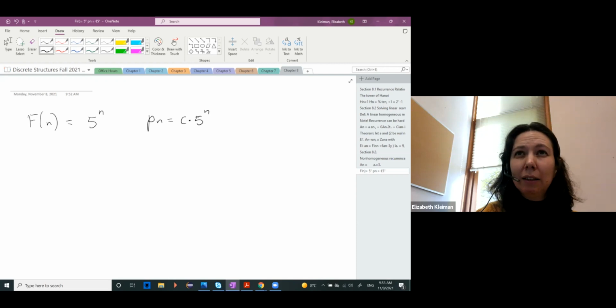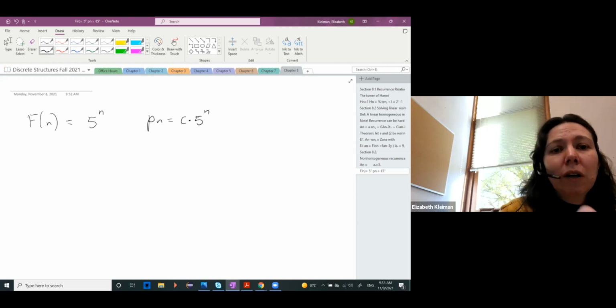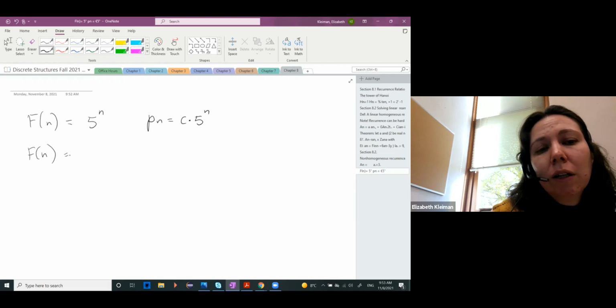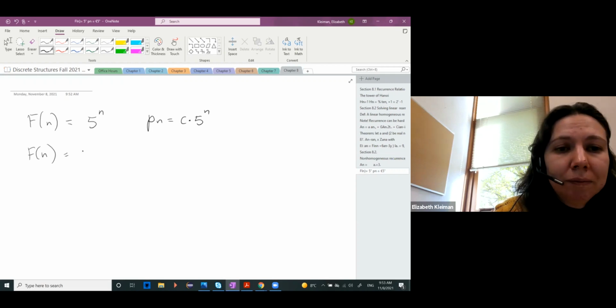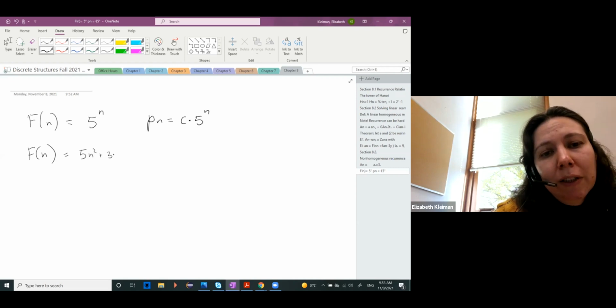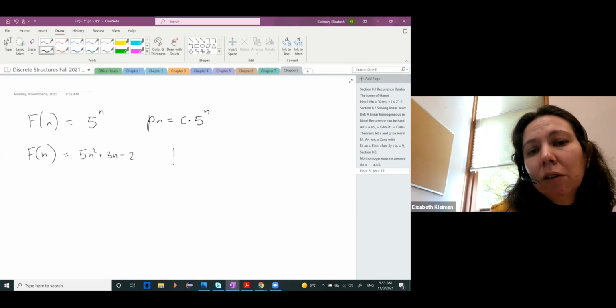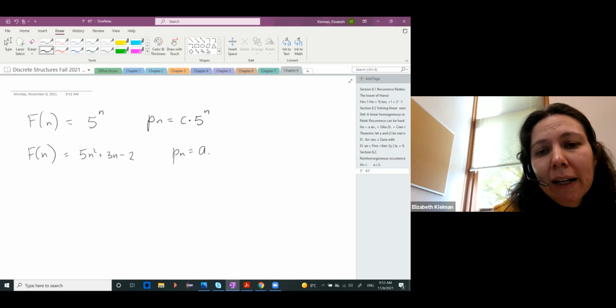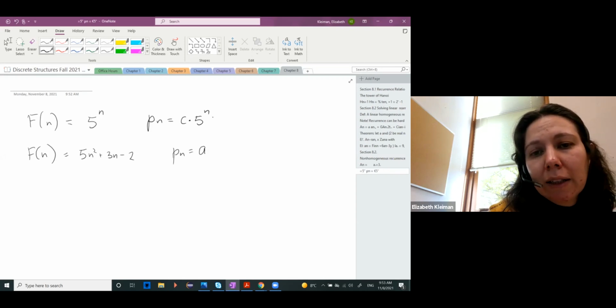Does it make sense? And if you're going to have f of n equal, I don't know, 5n squared plus 3n minus 2, your particular solution is going to be of a form a... Well, I already used a. I do not want a.